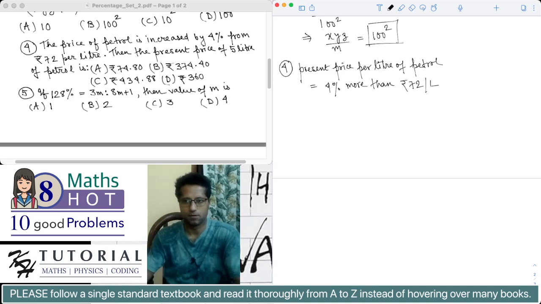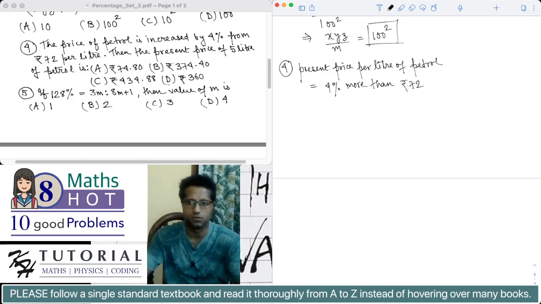Initially, the price of the petrol was rupees 72 per liter, and then it has been increased by 4%. So after the increase, the present price of the petrol will be 4% more than rupees 72. We can ignore the per liter, because we have already said that the present price per liter is 4% more than rupees 72.